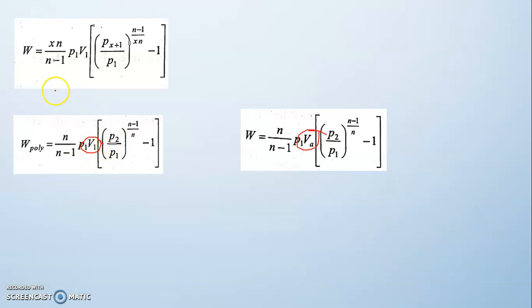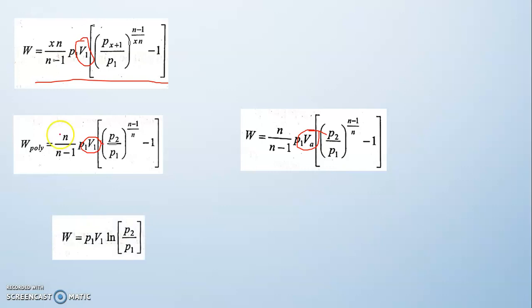This is applicable to a multi-stage compressor also. If we are dealing with a multi-stage compressor with clearance volume, we will write VA instead of V1. We also have to go through one more basic formula, the work done equation for an isothermal process.